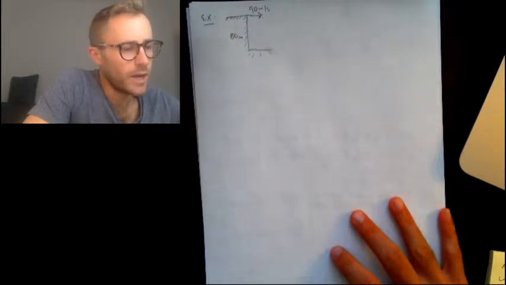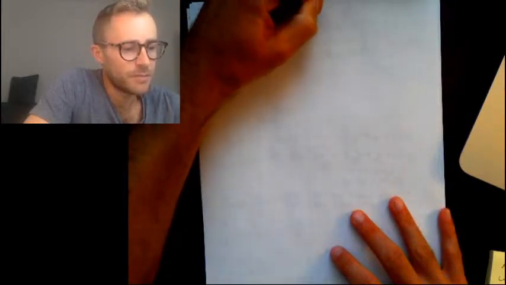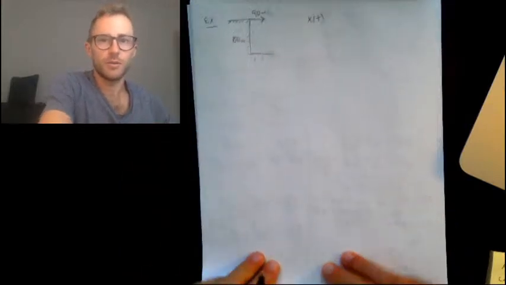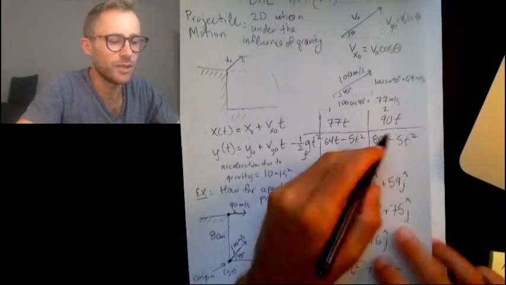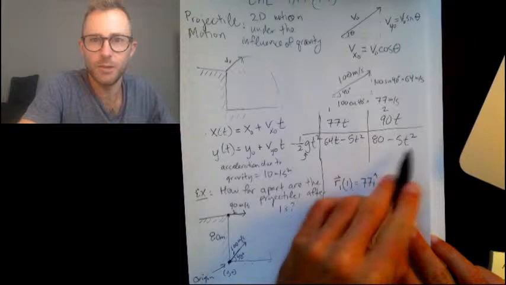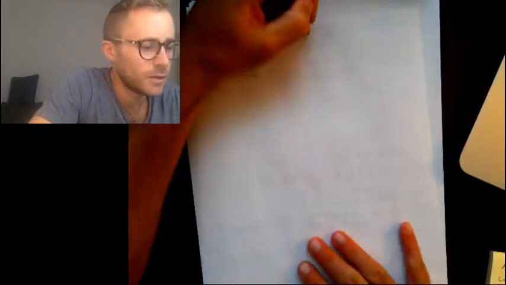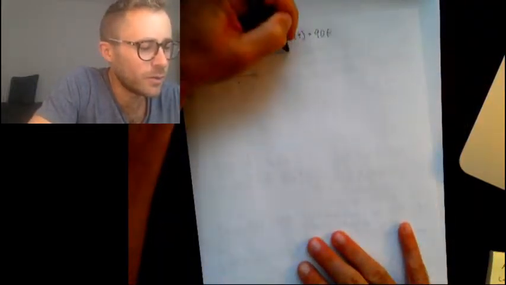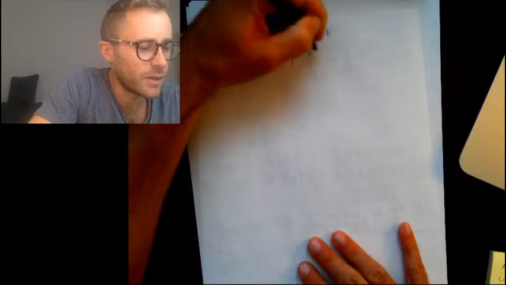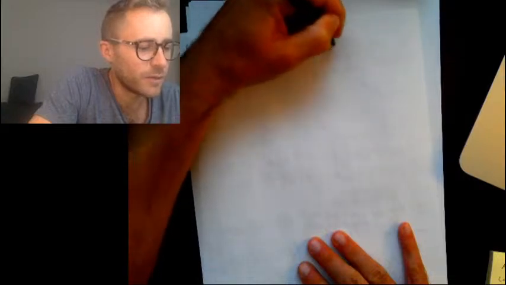So we had an x of t for this projectile, and let me refer to the previous page, was 90t, and the y of t was 80 minus 5t.